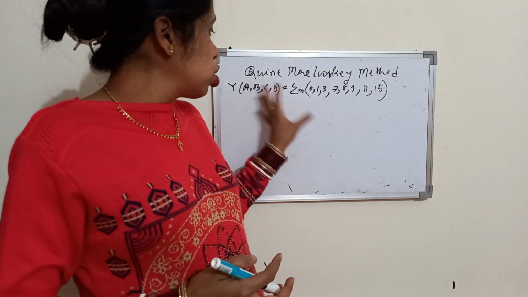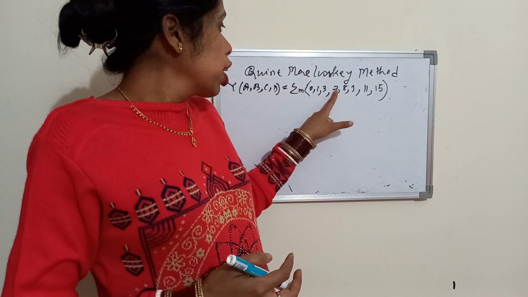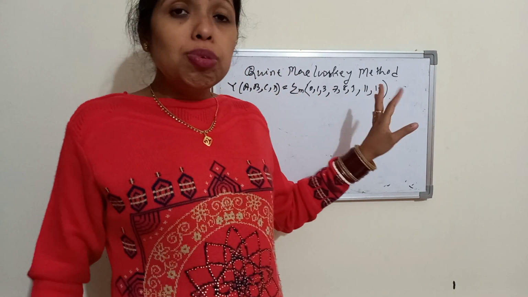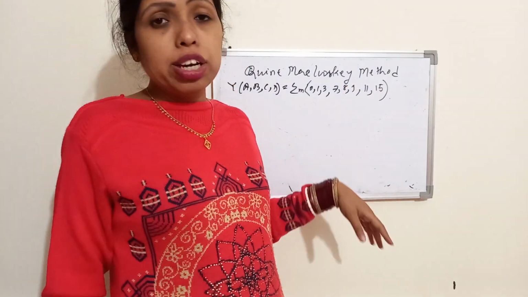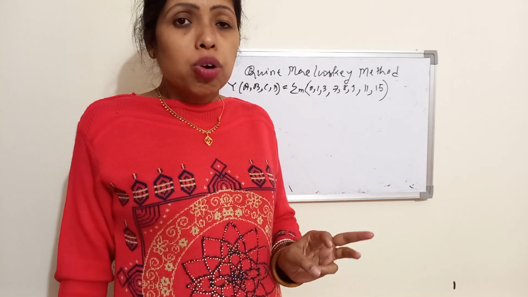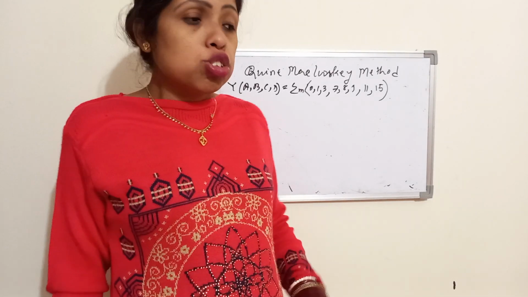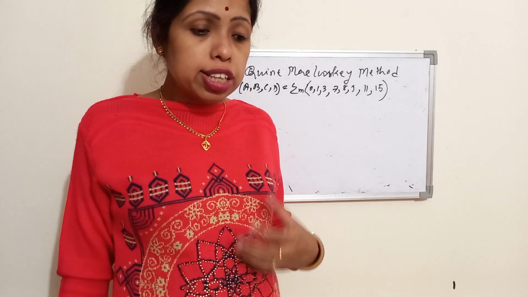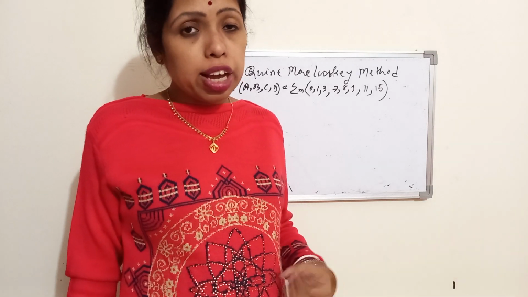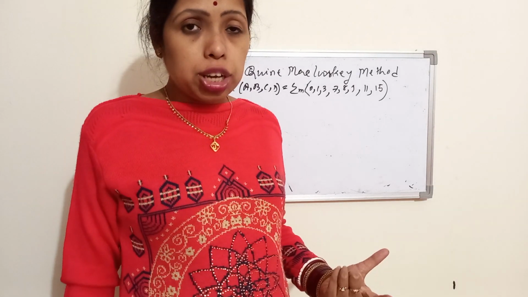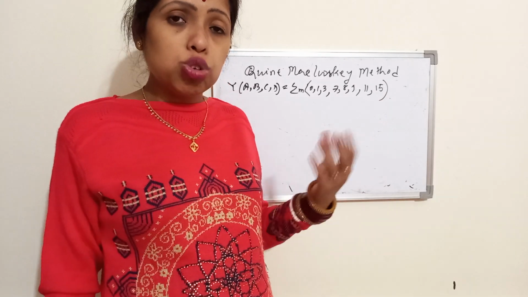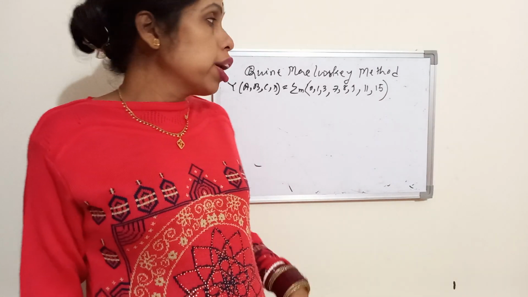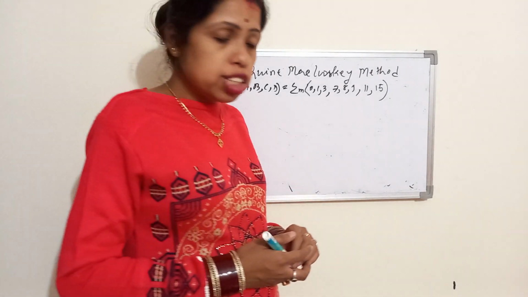In this question, how many min terms are there? 1, 2, 3, 4, 5, 6, 7, 8. If you want to write the expression directly from these min terms, you will get 8 product terms, and this is not a minimized expression. By using the K-map and calculating the essential prime implicant from the K-map you can find the minimized expression, but sometimes you will face some difficulty, so for that the Quine-McCluskey method is required.